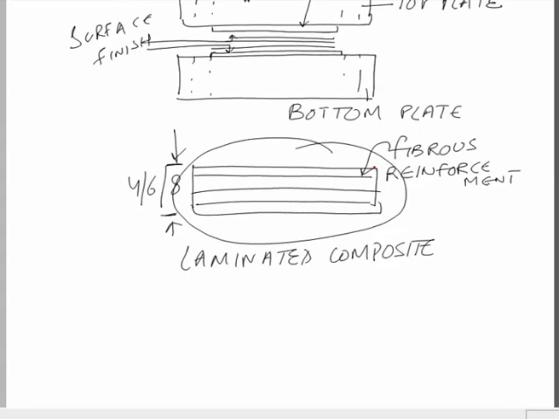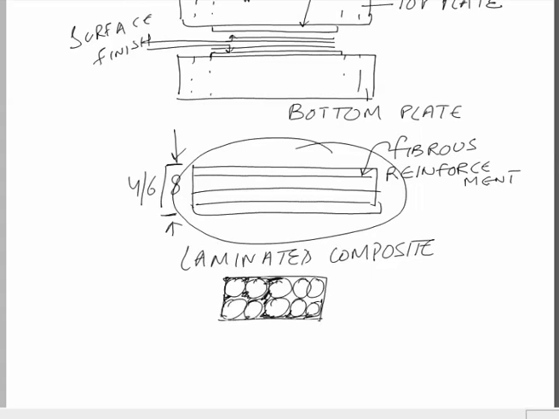Now, how is this done? This is a simple flat plate mold which is used for making a composite material, and we are making a laminated composite with different layers. If I have a side view of this particular composite, it should look something like this, in which all these are the ends of the fibers, and the portion that I am highlighting, the darkened portion, is the matrix material.